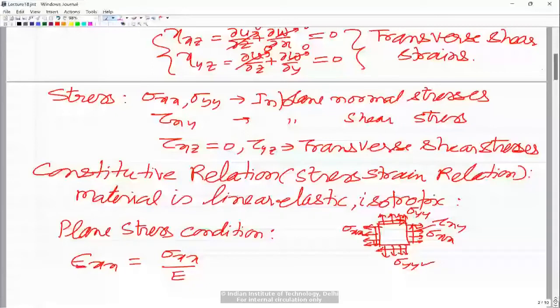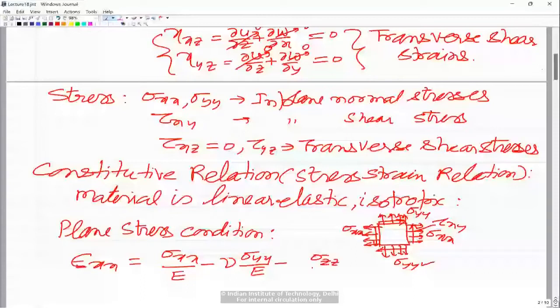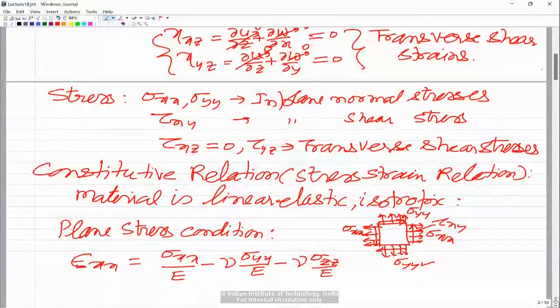So this would be minus sigma yy upon E, the stretch along the y direction, multiplied by Poisson's ratio nu, which gives the contraction along the x direction. Similarly, let's say there is a normal stress along the z direction also. Sigma zz upon E, times nu, will give the contraction along the x direction.